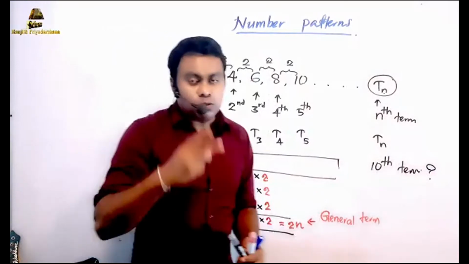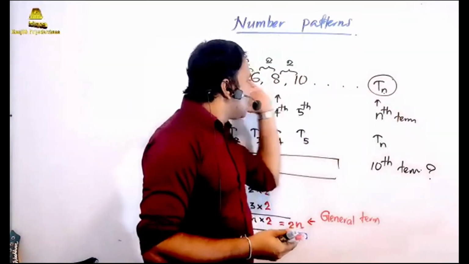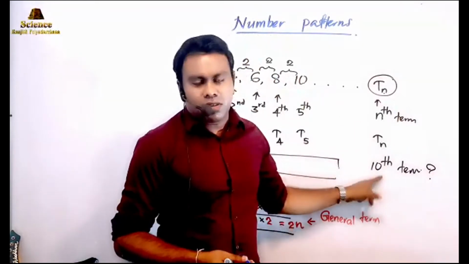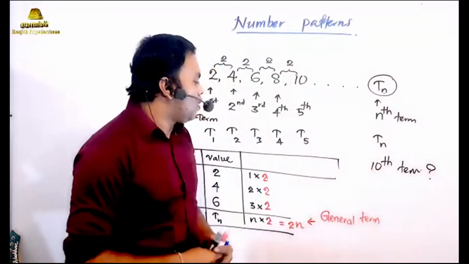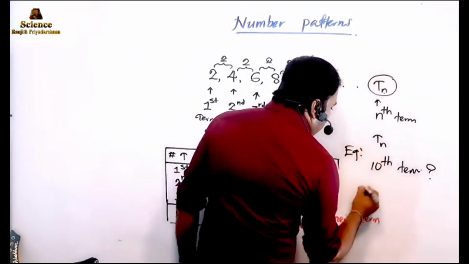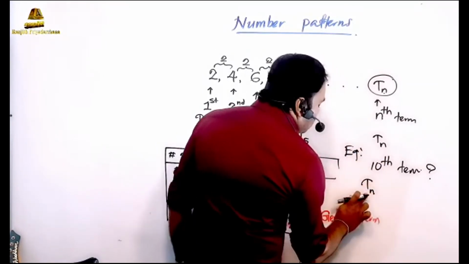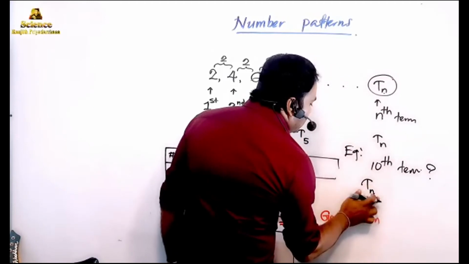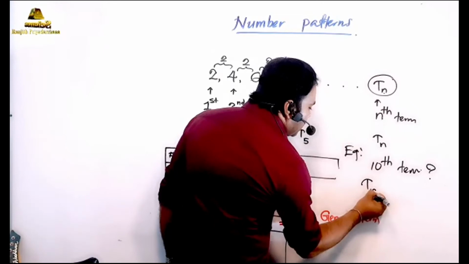You have two methods. One method is you can just write this pattern and continue up to the 10th term. Another method, you can use this general term. So how do we find this 10th term? Nth term is Tn, 10th term is T10.